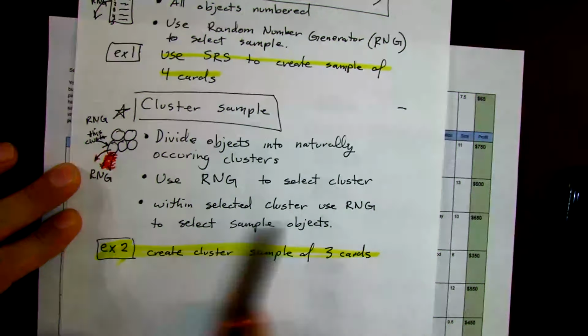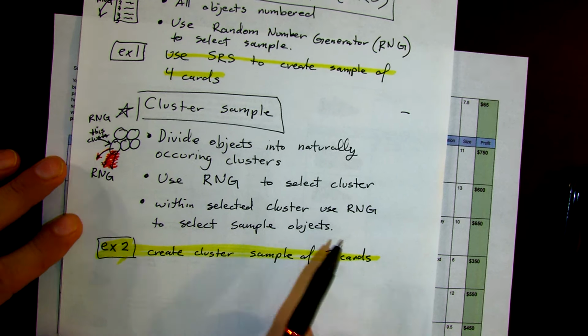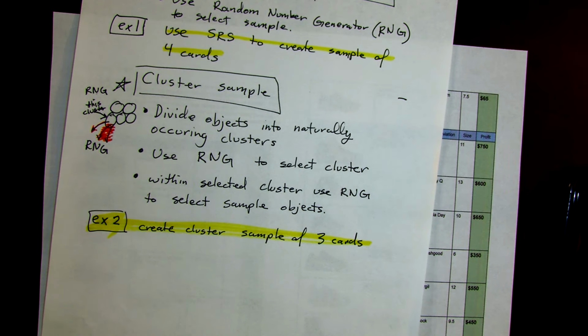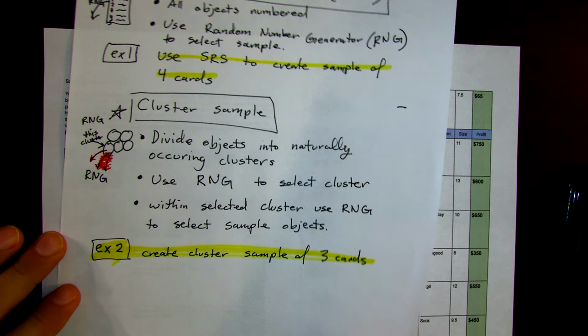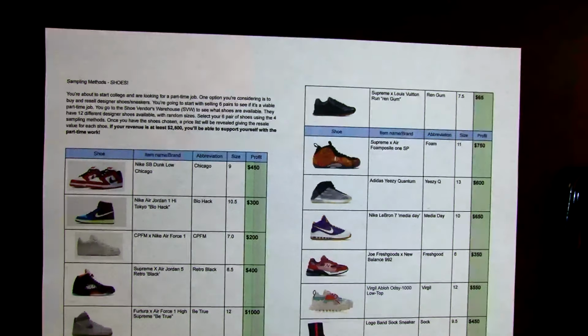Okay, so let's go ahead and look at that. How could we break these shoes up? What could we do? Low tops, high tops. We could do colors: dark, light, and colorful. We could even do it based on the size.